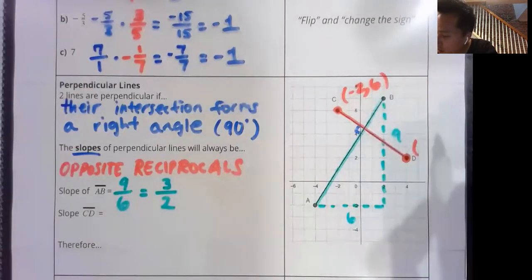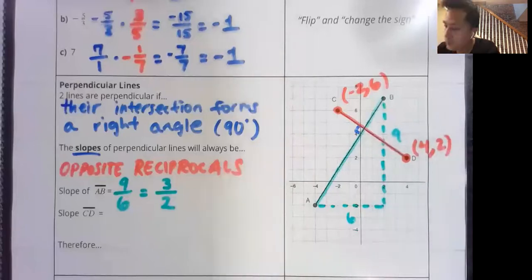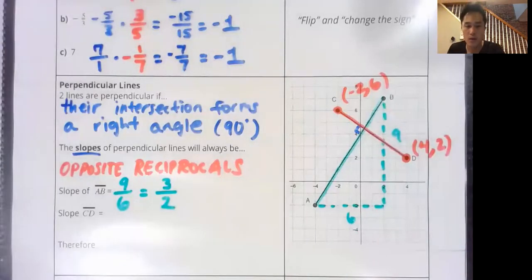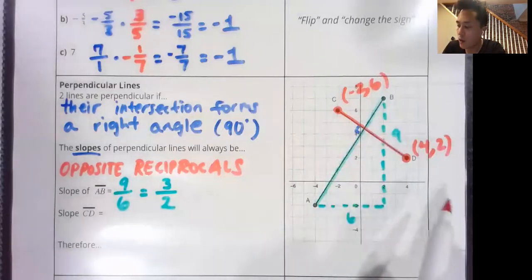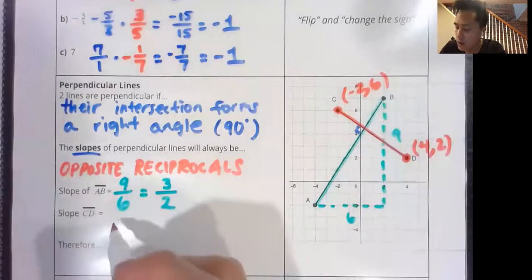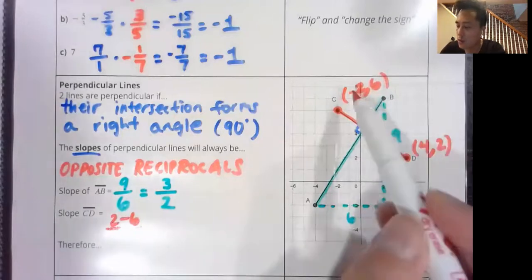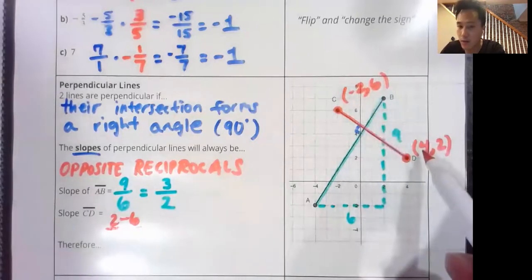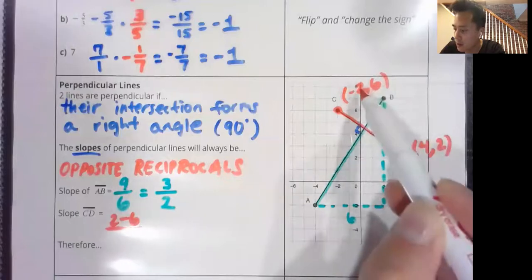This point is 4, 2. So the slope of CD would be the difference between the two y values, y2 minus y1. So that's 2 minus 6 over the difference between the two x values, x2 minus x1. So that'd be 4 minus -2.